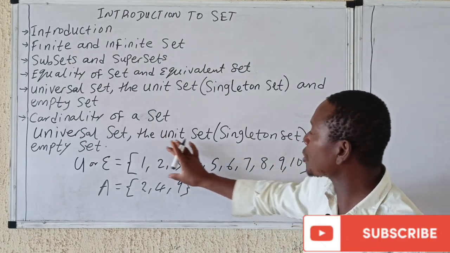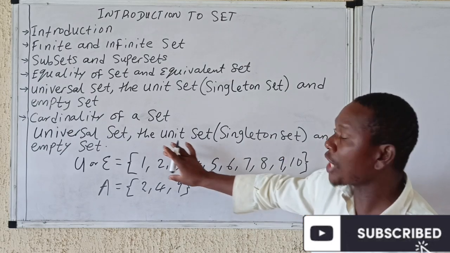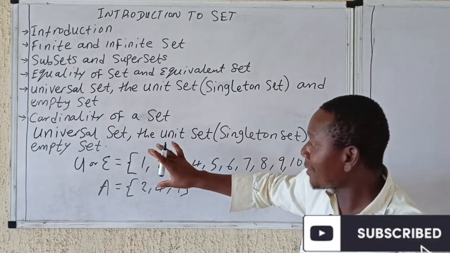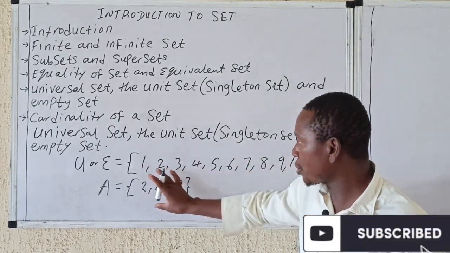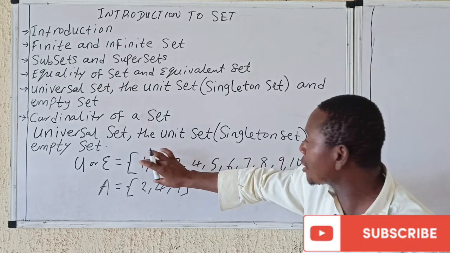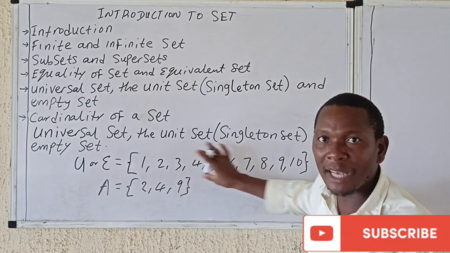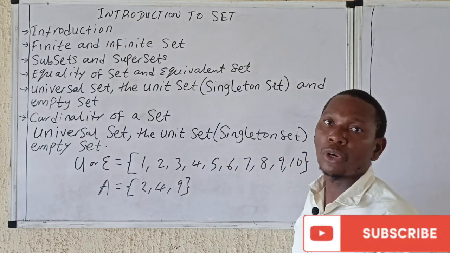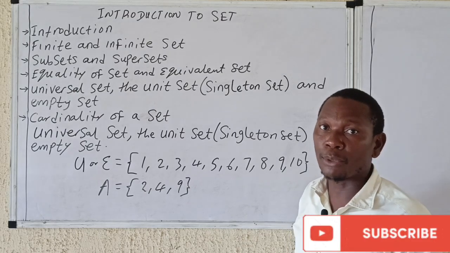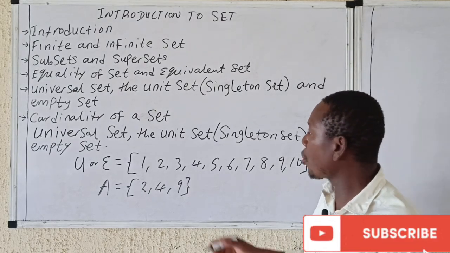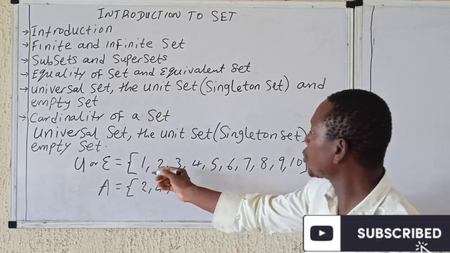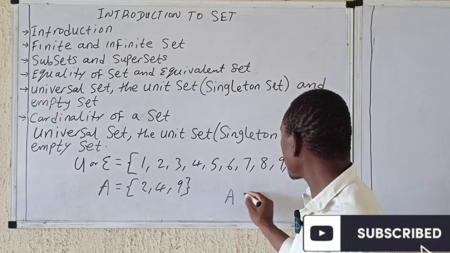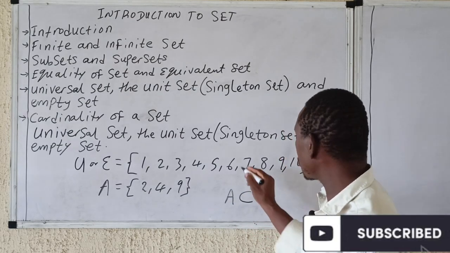So that's the reason why it's called a universal set, because any challenge that arises from any questions regarding this universal set, it contains elements or members that can be used to solve that particular challenge. All right, so we can eventually put this A as a subset of this universal set.